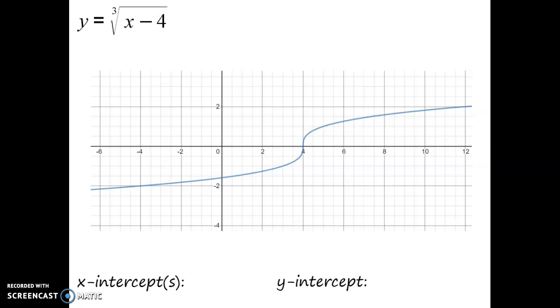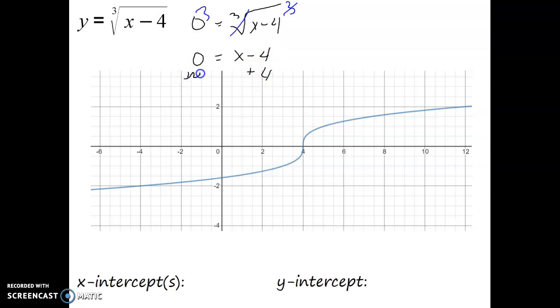All right, x-intercepts. So to find the x-intercept, what did we say last time? You put 0 for y, and you solve for x. Okay, I'm going to have to get rid of that cube root there, so I'm going to cube both sides. The cube and cube root will cancel out. And then what I'm going to have is 0 equals x minus 4.